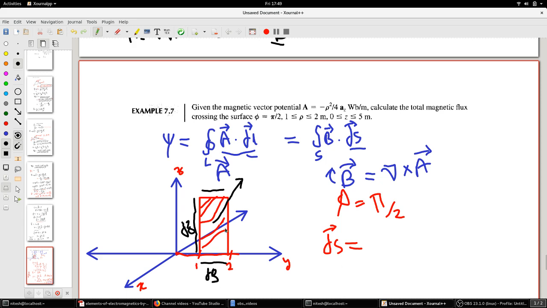The direction of the ds vector will be normal to it.